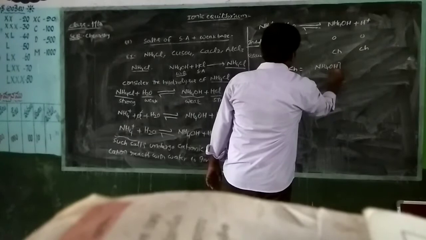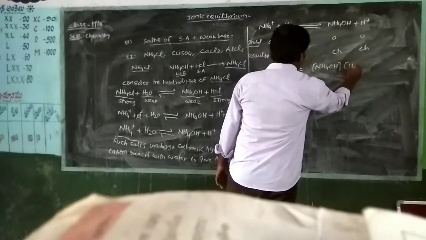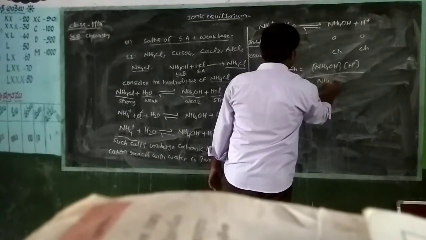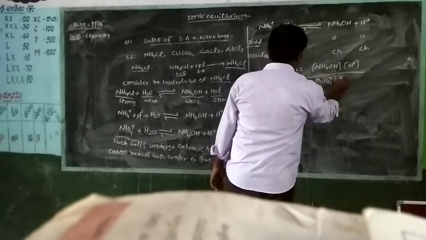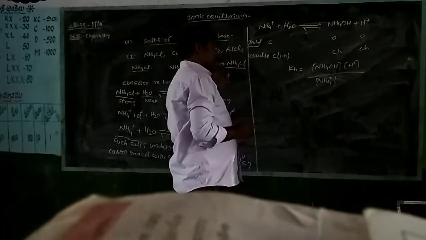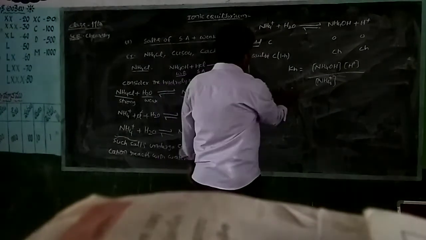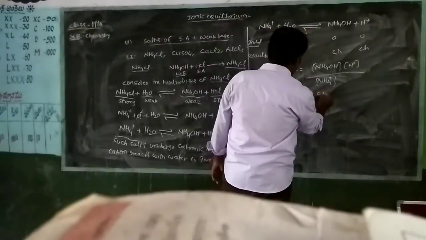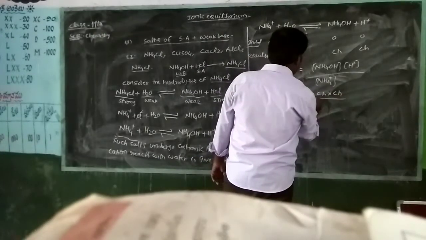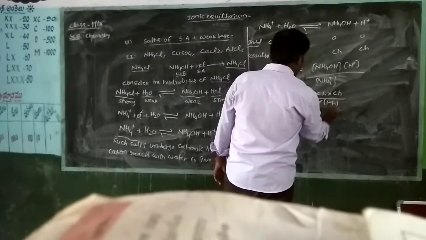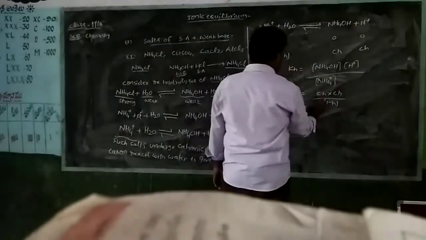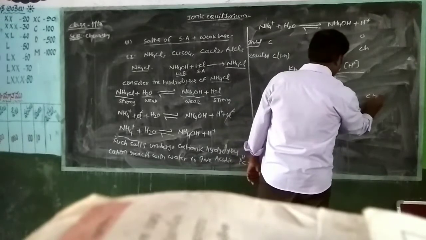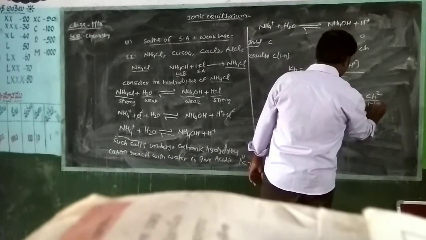NH4OH concentration, H plus concentration upon NH4 plus concentration. Take Kh, you have to find the hydrolysis constant: Ch into Ch upon C into 1 minus h. You can write the C, C gets cancelled. Kh is equal to Ch square by 1 minus h.